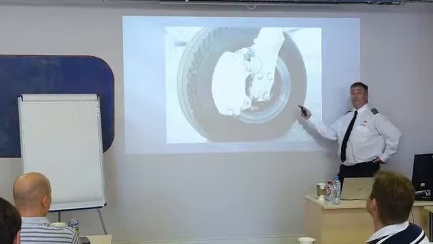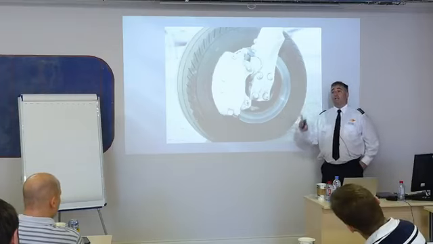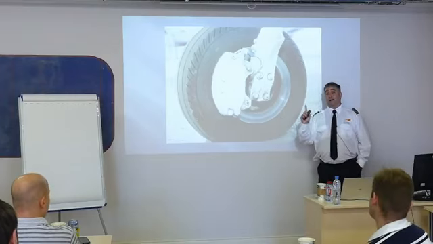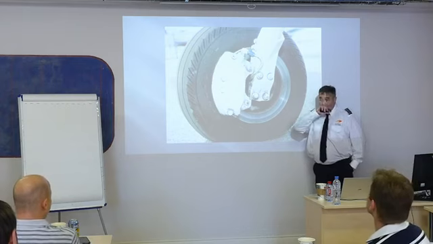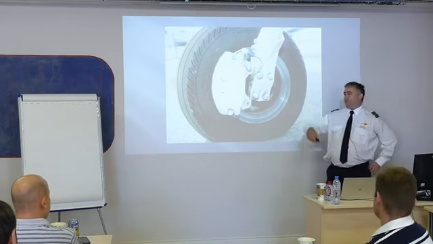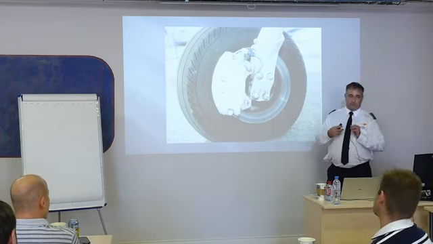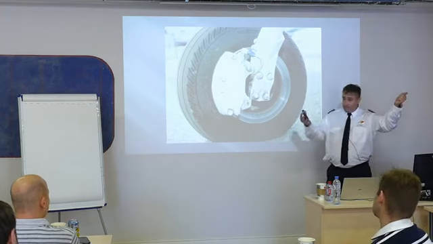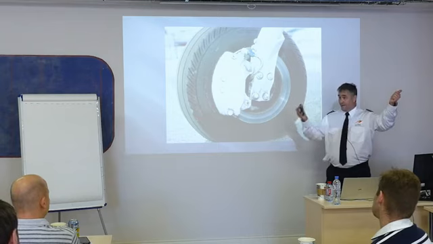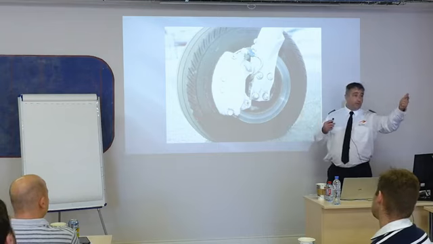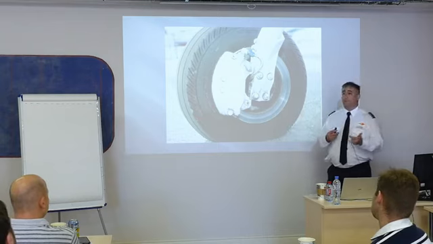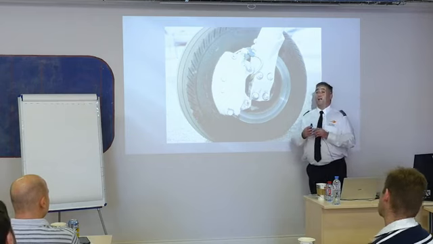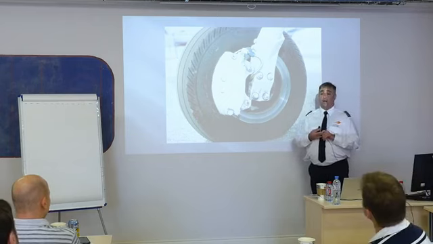Now, this is a hydraulic system, and almost every airplane will have a hydraulic system. Hydraulic systems typically run a wide arrangement of different things. Retractable landing gear, they'll have that as a hydraulic system. Flight controls, you'll have that as a hydraulic system. You'll have all sorts of different hydraulic systems depending on the airplane that you're flying.